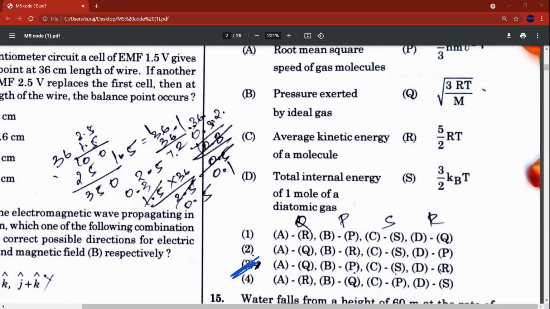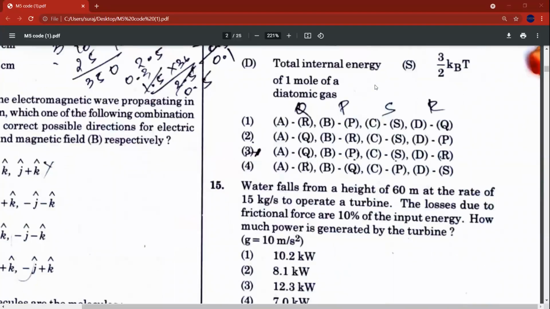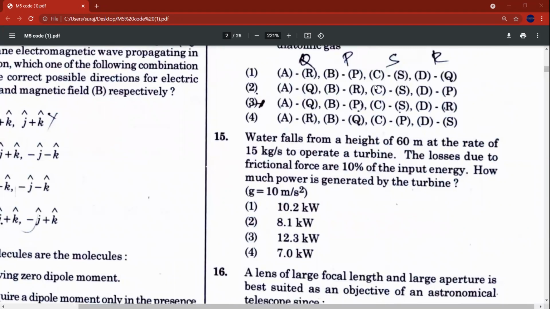Coming to question 15. Water falls from a height of 60 meters at a rate of 15 kg per second to operate a turbine. The loss due to frictional force is 10% of the input energy. How much power is generated in the turbine? 60 meters, mgh you do. Mass is 15, g is 10, h is 60.